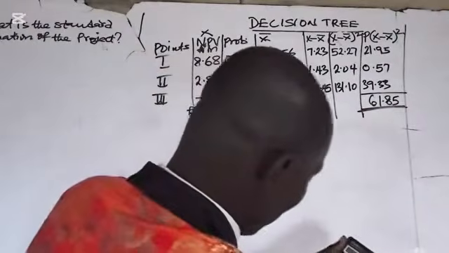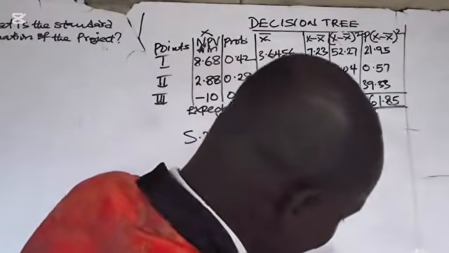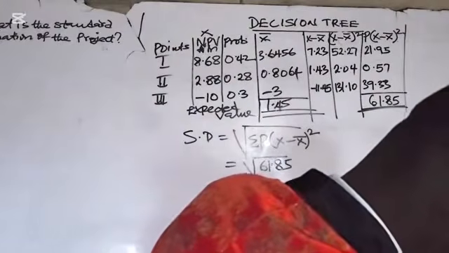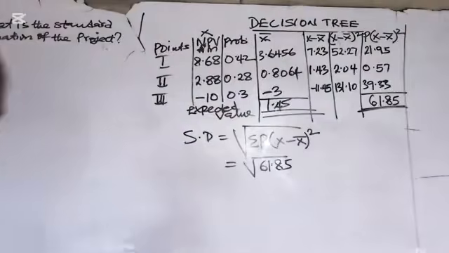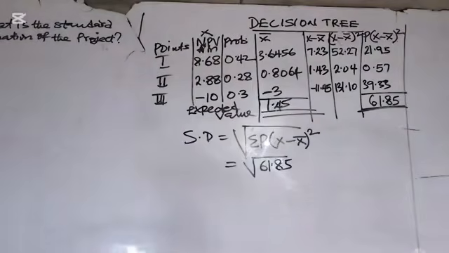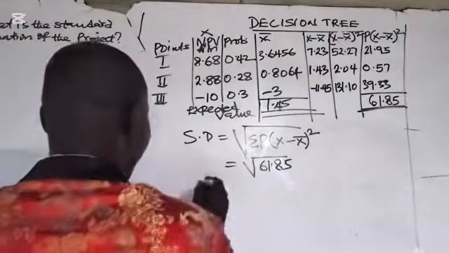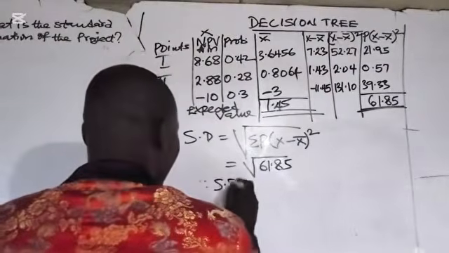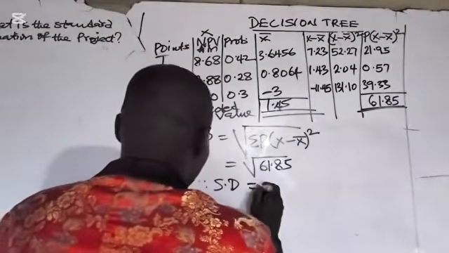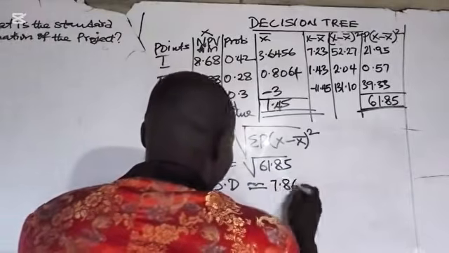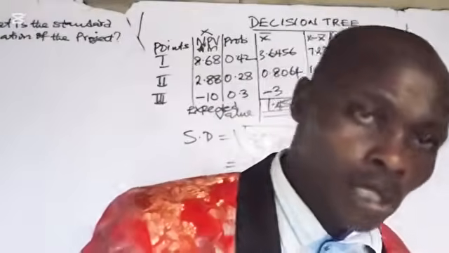The square root of the variance is the standard deviation. And the square root of our variance of 61.85 is 7.86. Therefore, the standard deviation is approximately equal to 7.86. This marks the end of the solution to this question.